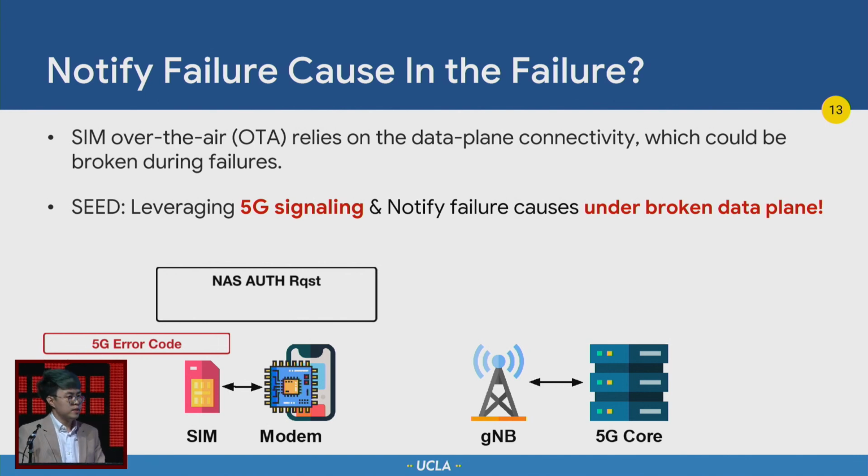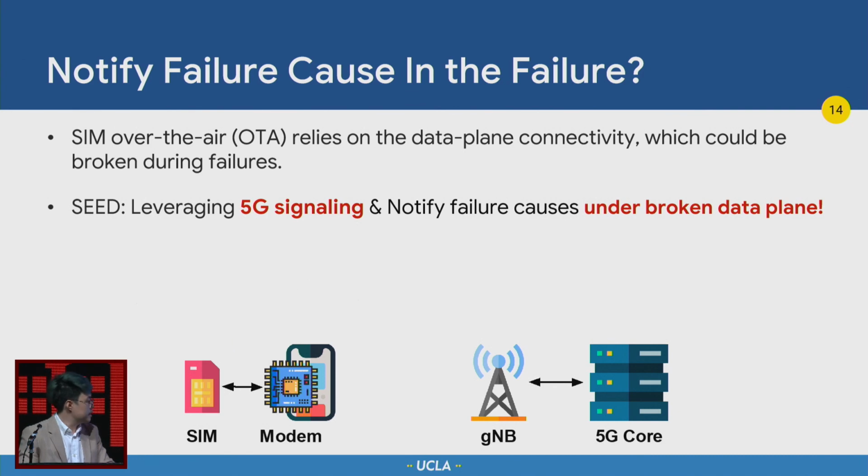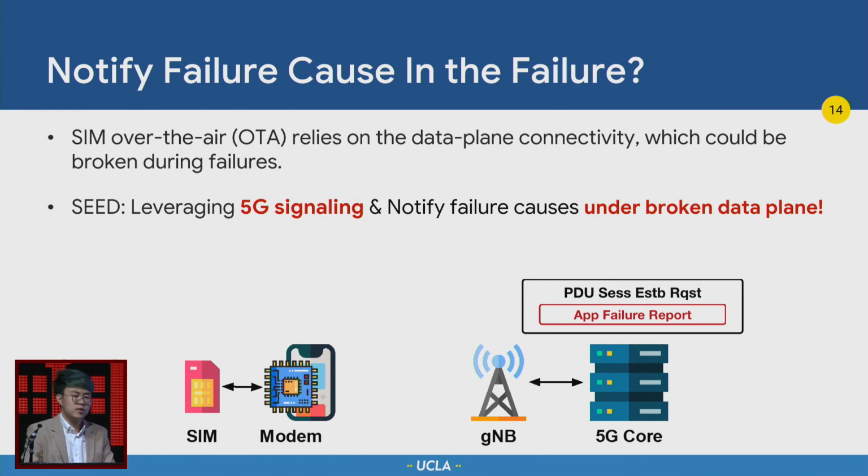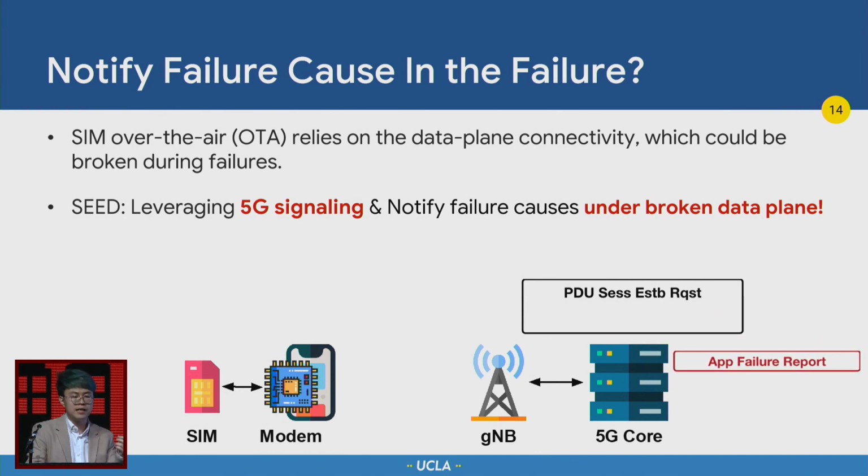For the reverse side, we use something similar for uplink. We embed the application failure reports detected on the device side into the PDU session establishment request. This request, without changing the formats, will also be transparently forwarded to the core side, and the core could parse it and get the device side information to do the corresponding check-ins and also the configuration correction.